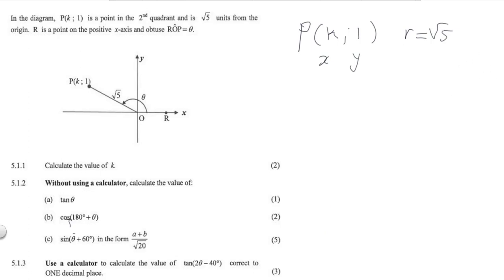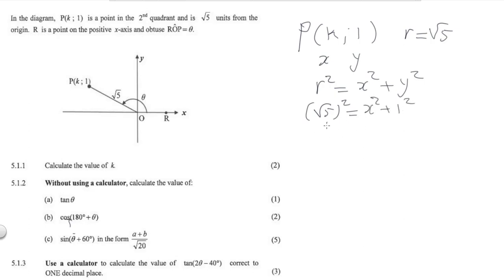But if it was myself, I know I have the formula r squared equals x squared plus y squared. So I know I'll have square root 5 squared, then x squared plus 1 squared.